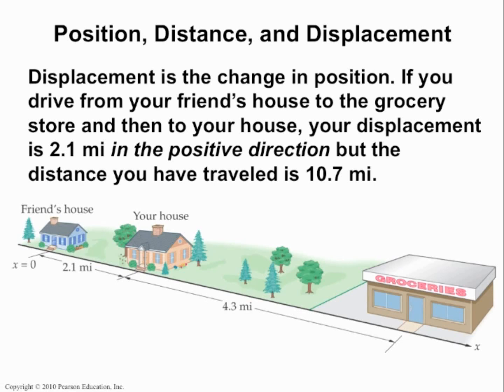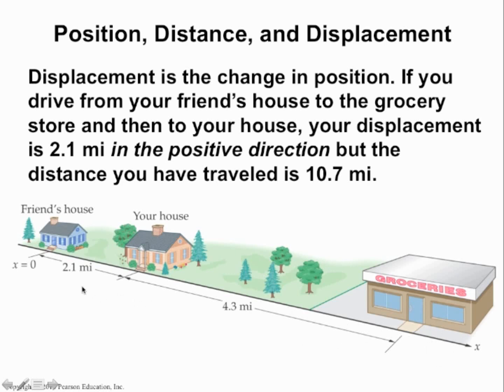So why is the displacement only 2.1? Because displacement always takes into account the point of origin and the direction. And so if we're going in the positive direction, considering this kind of diagonal direction here, and we see the x-axis that I'm circling now with the mouse arrow, right? So motion along the x-axis is positive.